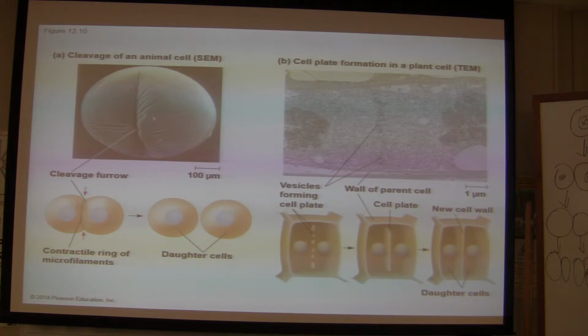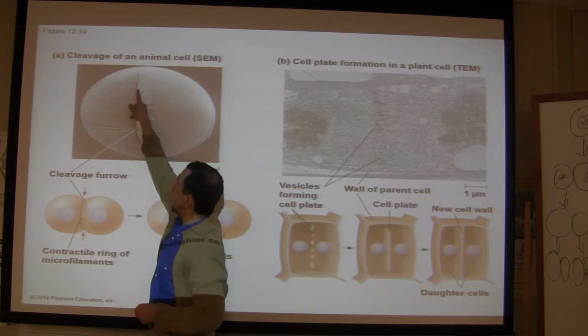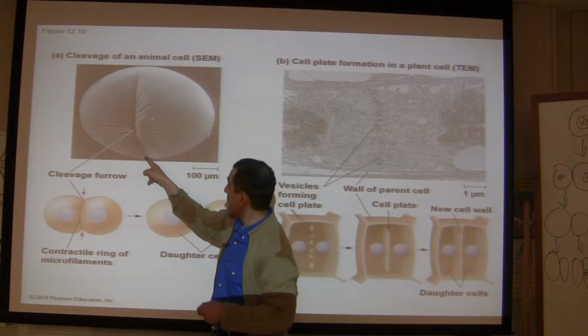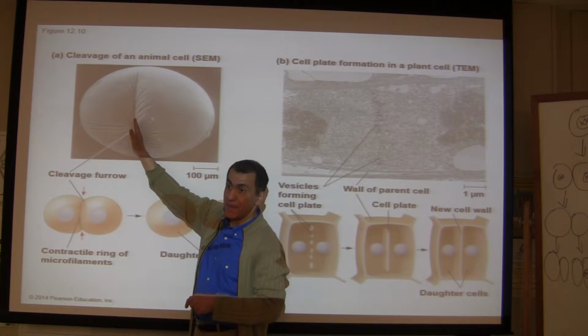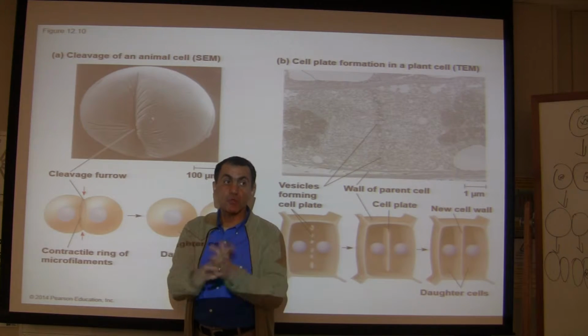If you don't see a cleavage furrow, it is not telophase. Am I making sense? Now, what happens in plant cells? That was the cleavage furrow, a nice, beautiful scanning electron picture. And it goes all around, it's not just at one end. The models we have in the lab show that.